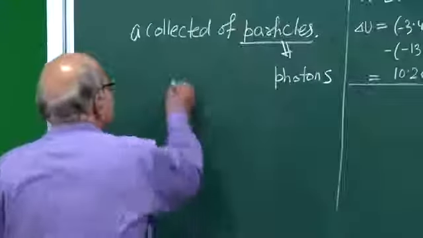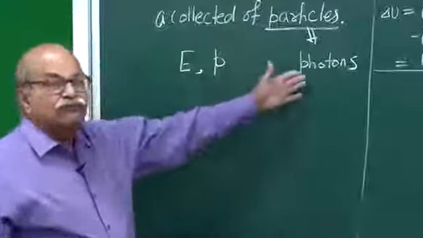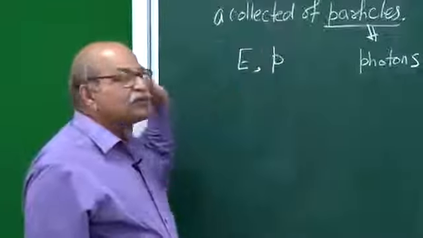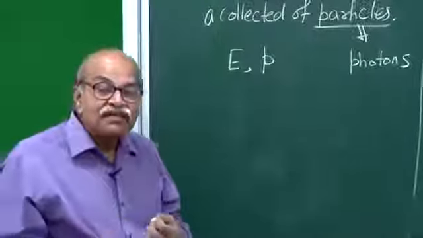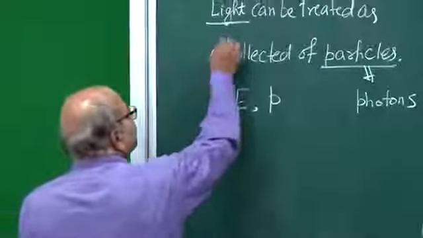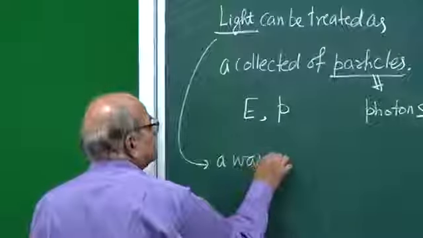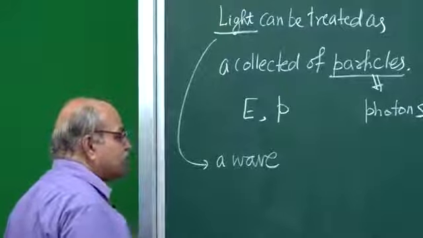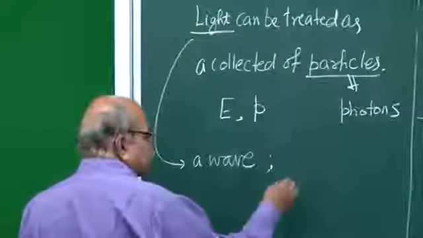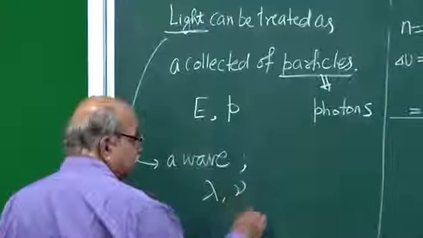Each photon has some energy E and a linear momentum P. These are particle characteristics. At the same time, this light can also be treated as a wave. And when it is treated as a wave, the characteristic things are wavelength and frequency.